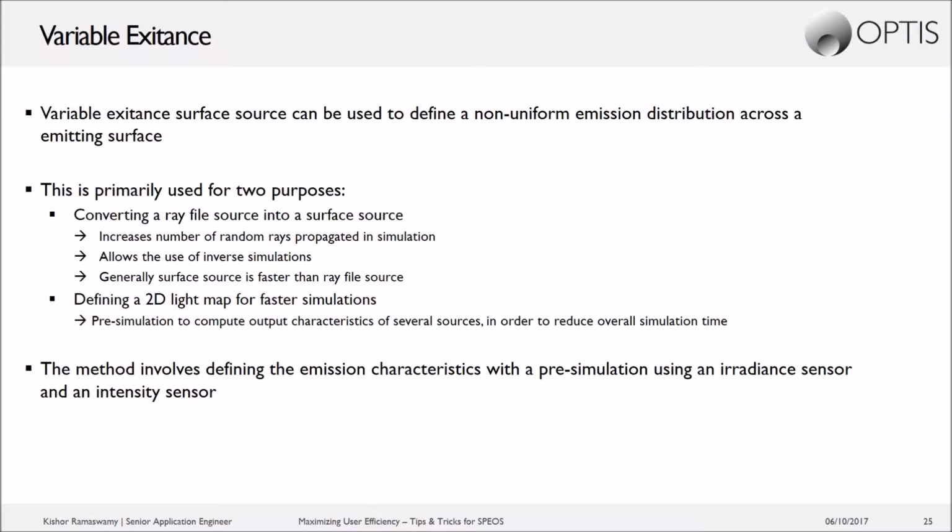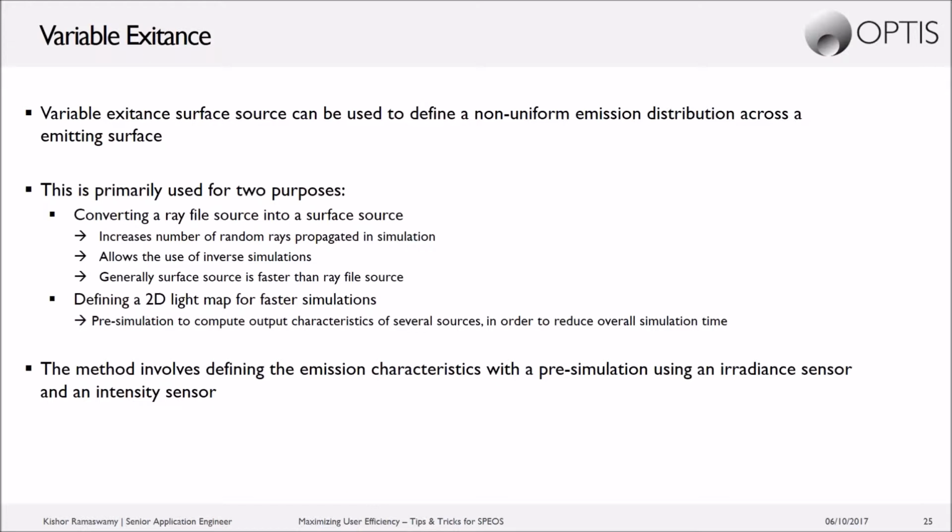So for example, 10 million, 5 million. And that's a fixed number. You can't do more than that amount of rays. But for certain applications, you may need a larger number of rays to reach the precision that you need, as we looked at before. So this could be an example of where you want to convert that RAY file into a surface source, which has no limitation on numbers of rays.